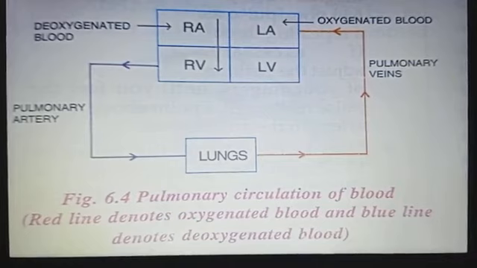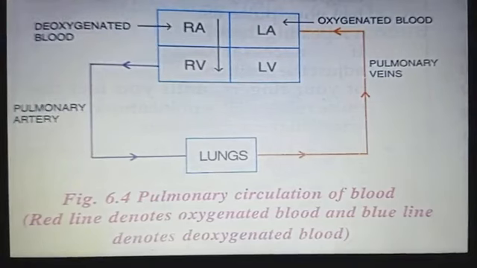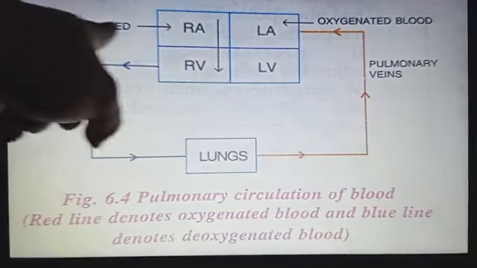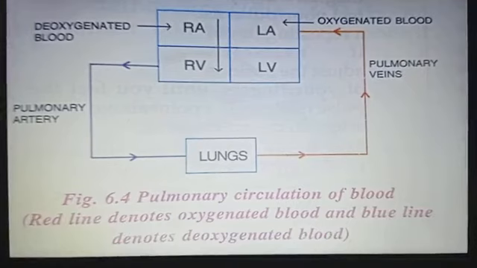The right auricle, first of all, understand it this way. This right auricle receives deoxygenated blood. Deoxygenated blood means the oxygen poor blood from the different parts of the body. As you can see here with this arrow, it is shown the deoxygenated blood from different parts of the body is brought into the right auricle.